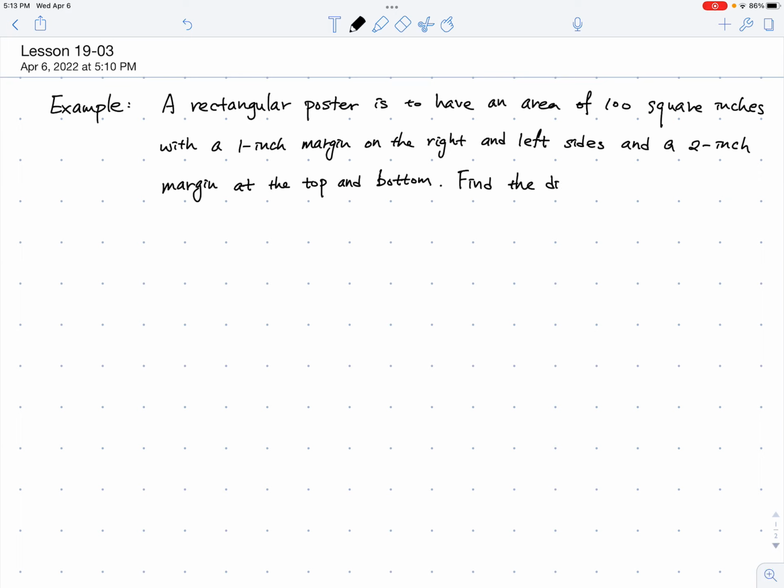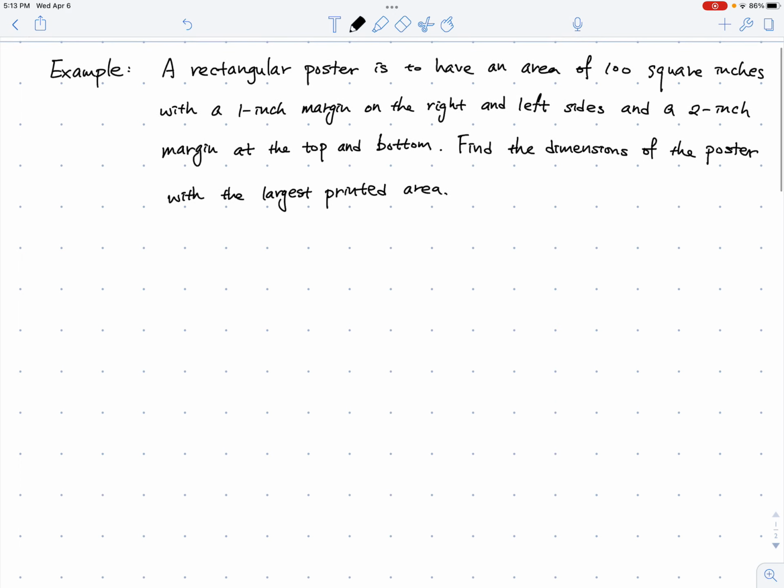Find the dimensions of the poster with the largest printed area. Okay, so before we try to solve it, let's try to see what this problem is talking about.